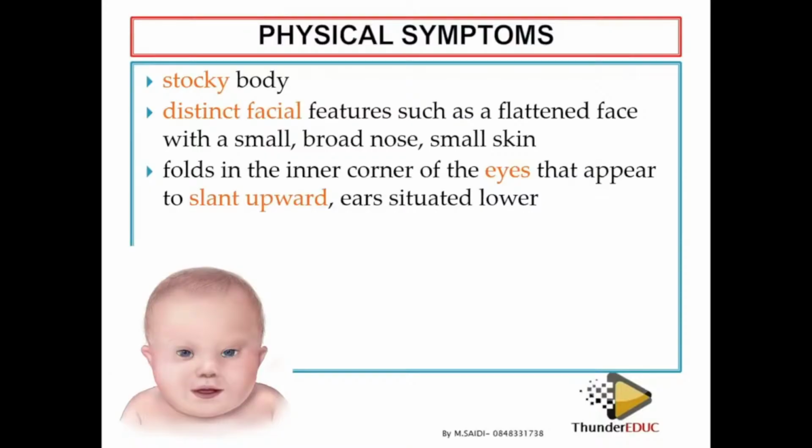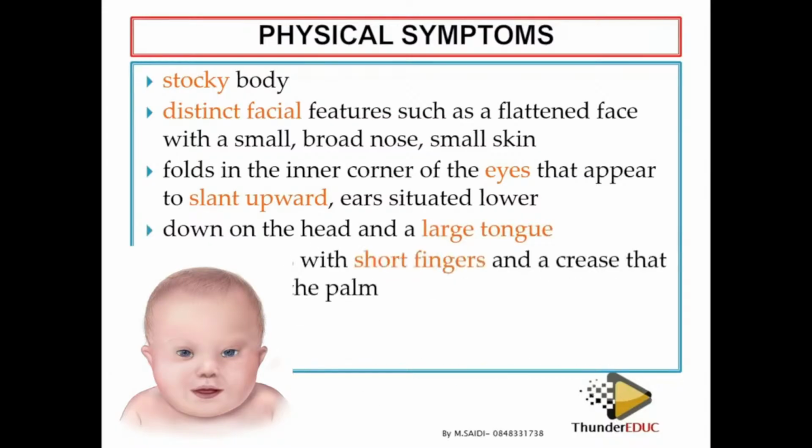The folds in the inner corner of the eyes appear to slant upwards, and then a large tongue. These kids have a large tongue. Actually, the tongue is always protruding out, with small eyes. Actually, the eyes are tilted. And then the broad hands, the hands are big and short.